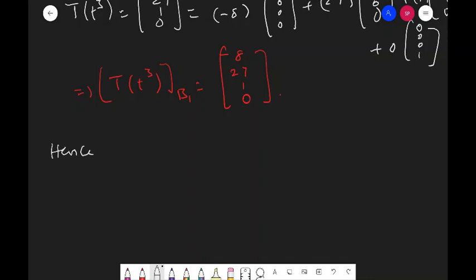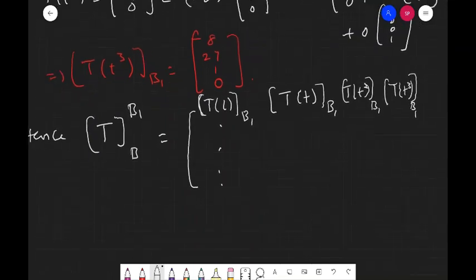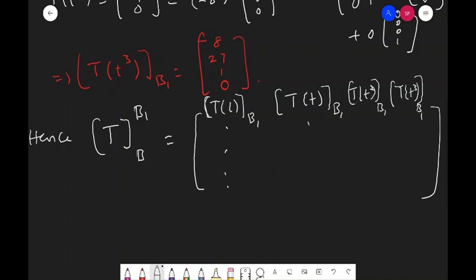Hence, the matrix of T relative to the basis B1 is equal to, we'll have the first column as the coordinate vector of T of 1 with respect to B1, and the next column T of t with respect to the basis B1, and T of t square with respect to the basis B1, and the coordinate vector of T of t cube with respect to the basis B1. This will be our matrix.